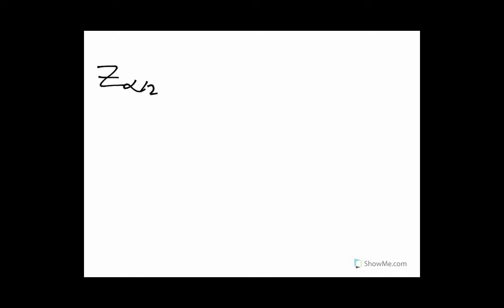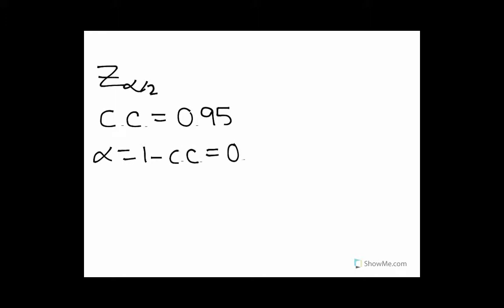That just means it's our critical z-score. We know our confidence coefficient from before is 0.95. Remember, alpha equals 1 minus the confidence coefficient, so our alpha is 0.05, and if we divide that by 2, we get 0.025.